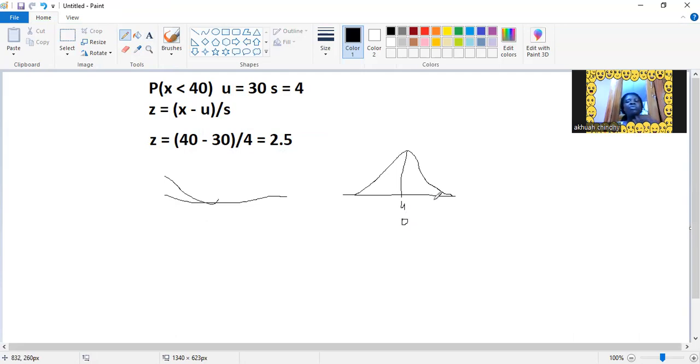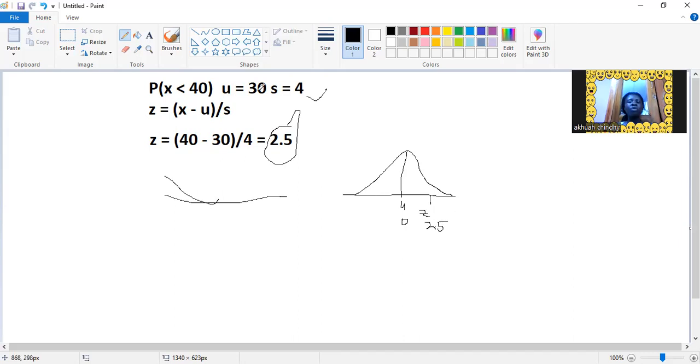The figure that we get for our standard deviation here is 4. But because we are using the normal distribution table, we will not write 0 plus 4 here. Instead, we have to look for a number equivalent to this 4, just as this 0 is equivalent to this 30. And that is the z. So now the z becomes the new standard deviation, that is 2.5.